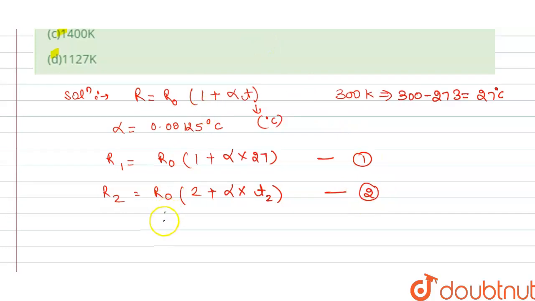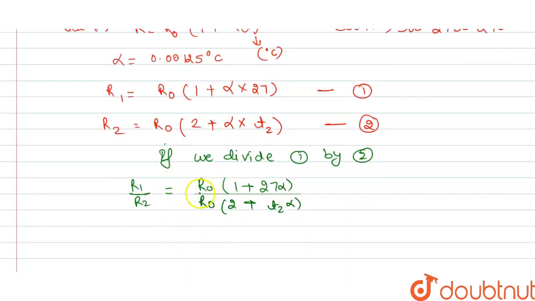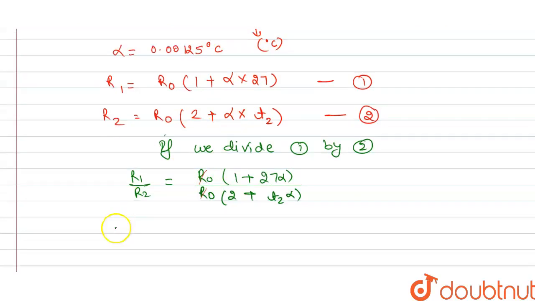If we divide 1 by 2, we get R1 divided by R2 equals R naught times (1 plus 27 alpha) divided by R naught times (1 plus T2 alpha). From this we can cancel out the R naught terms.